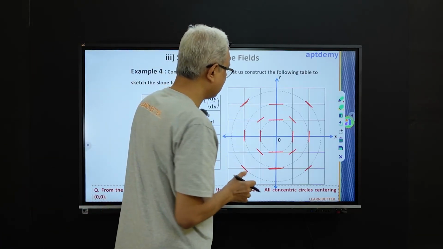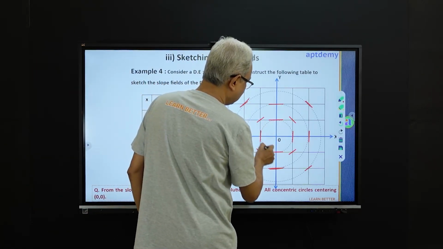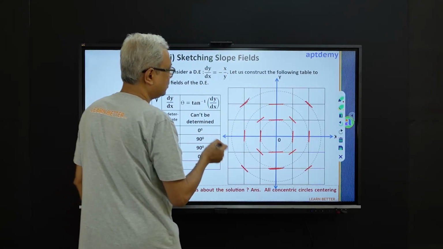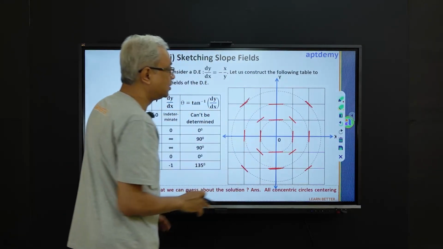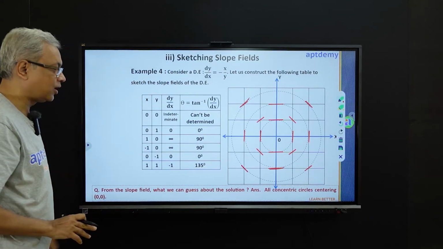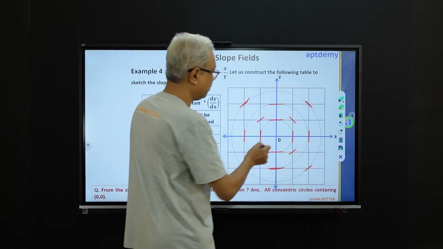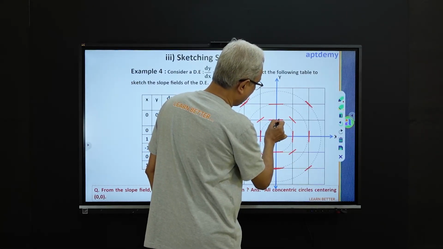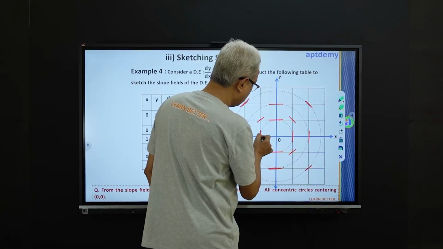And you see here, the solution of the differential equation will be like concentric circles. Okay, concentric circles, because if it is a circle, its slopes at different points will be like this.